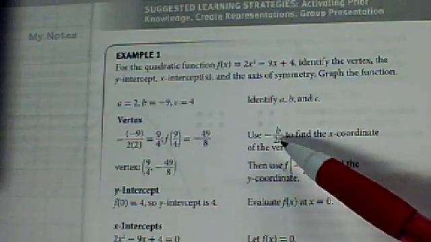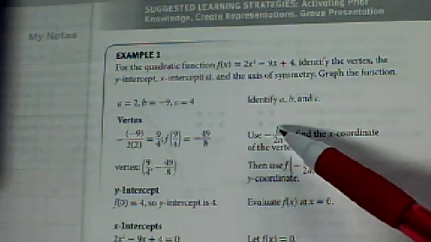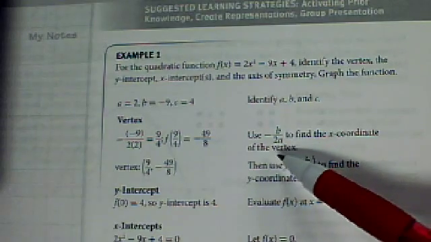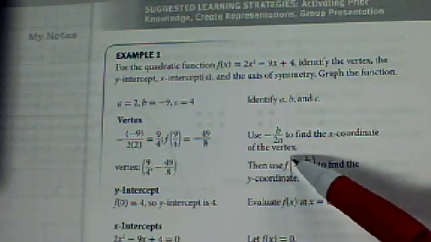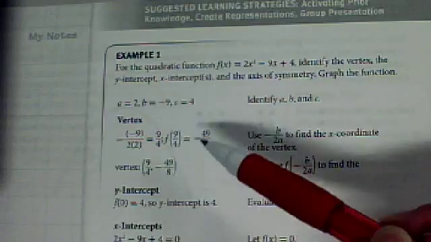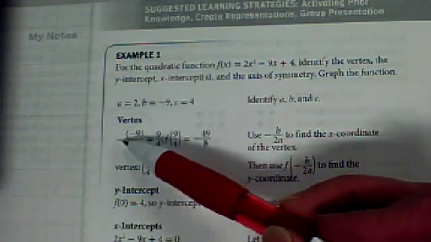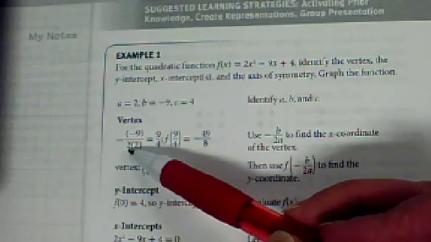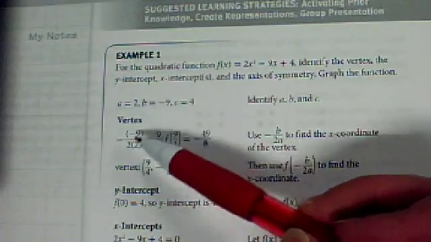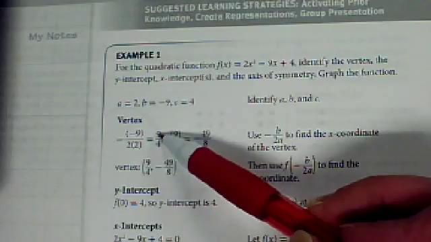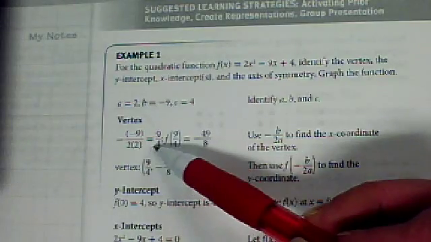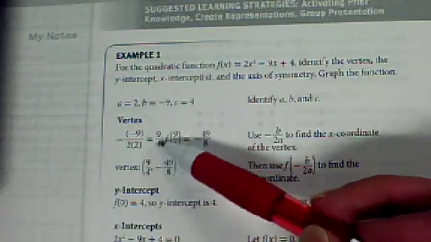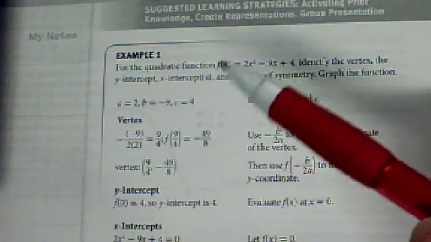We can use that formula that we just talked about, negative b over 2a, to find the x-coordinate of the vertex. When you plug in negative b, and b was already negative 9, and then 2 times a, and a was 2, negative and negative 9 gives me a 9. 2 times 2 is 4. So you get 9/4 for the x-coordinate.